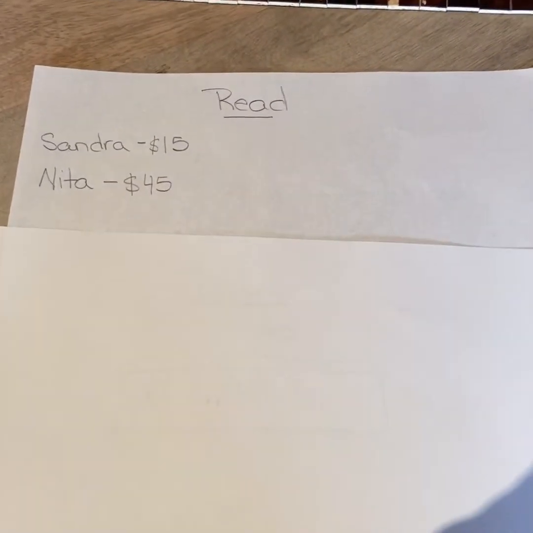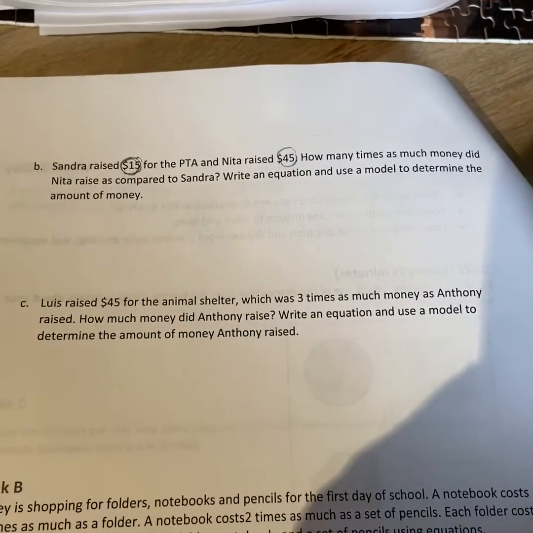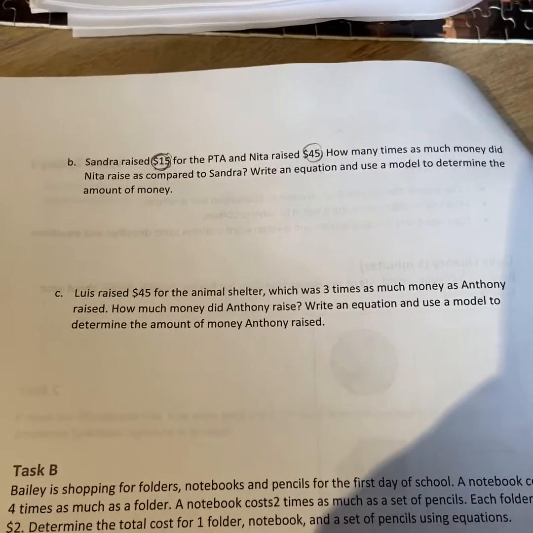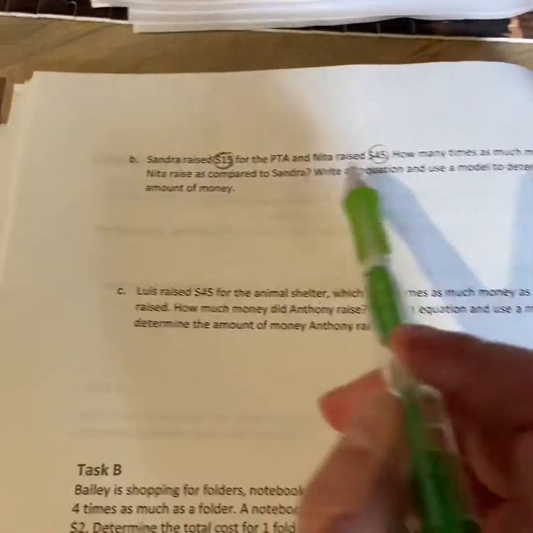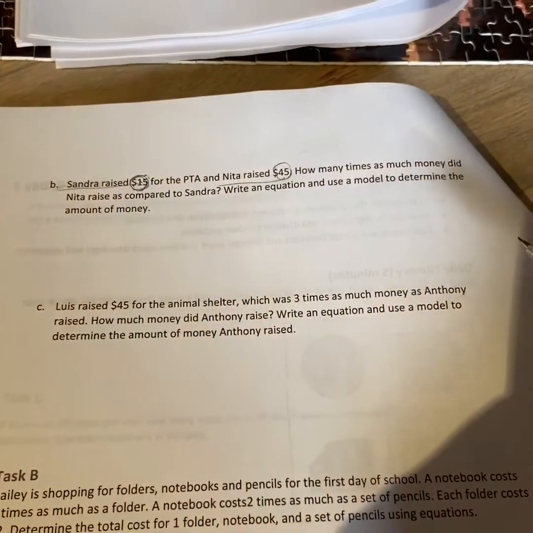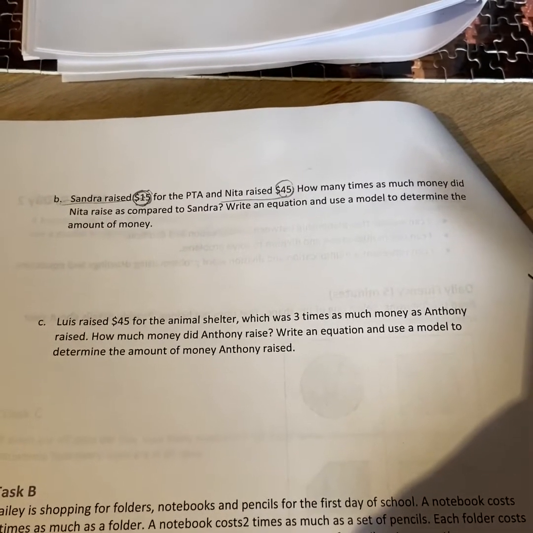So let's read it again, and this time we're going to pay special attention to that question. So it says Sandra raised $15 for the PTA and Nita raised $45. So we already know that Nita raised more money than Sandra. How many times as much money did Nita raise as compared to Sandra?